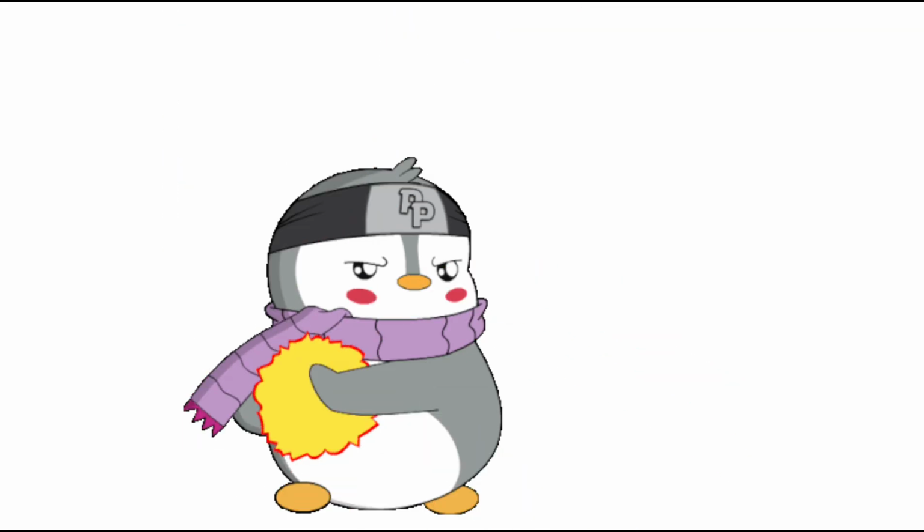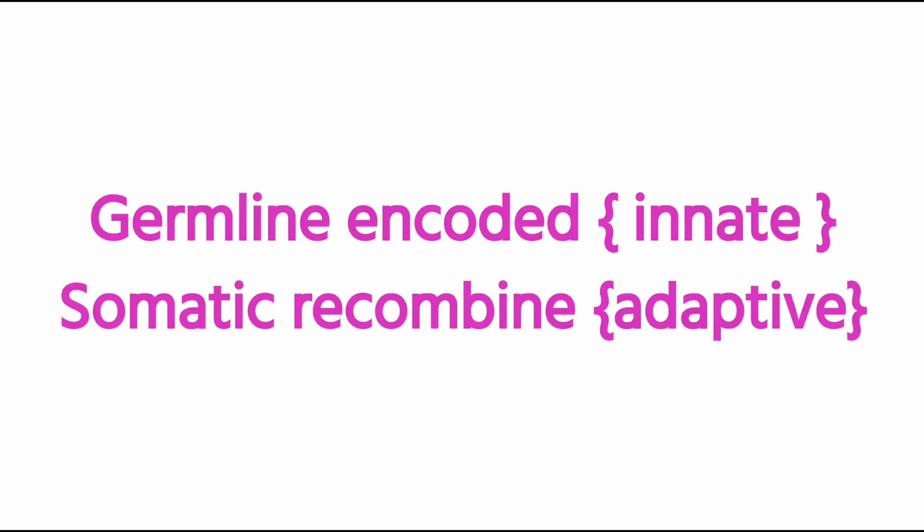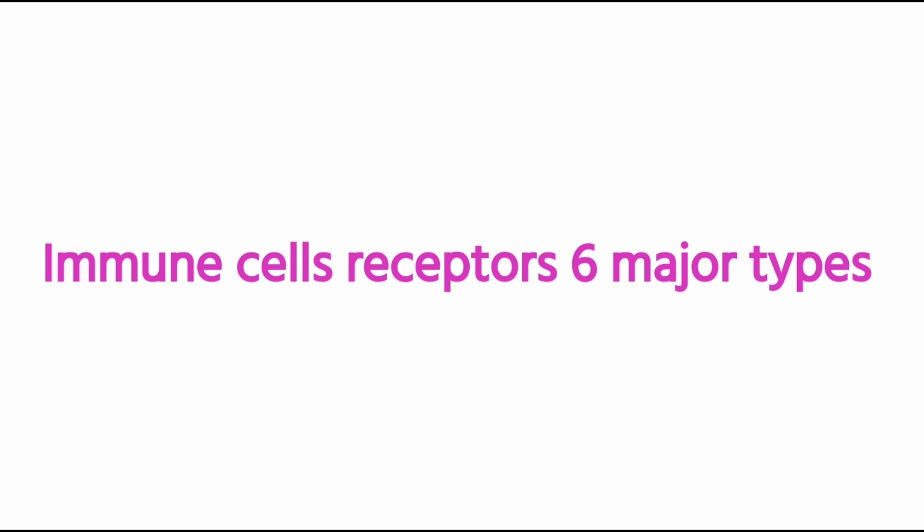There are two major types: germline encoded, which is fixed and inherited, that is innate immunity, and somatically recombined, which is unique to each cell clone, that is adaptive immunity.